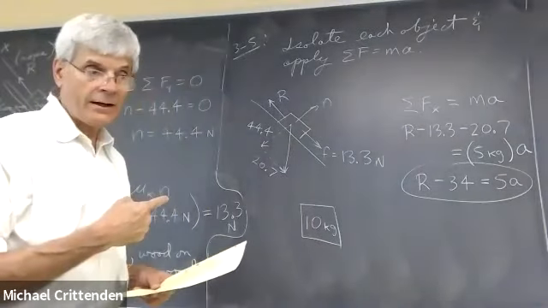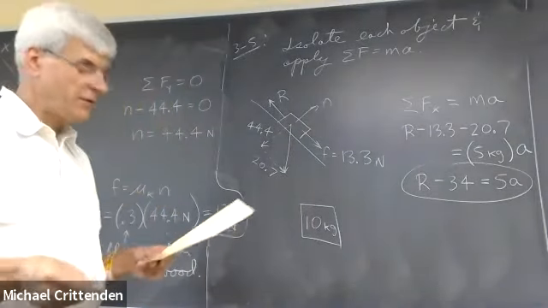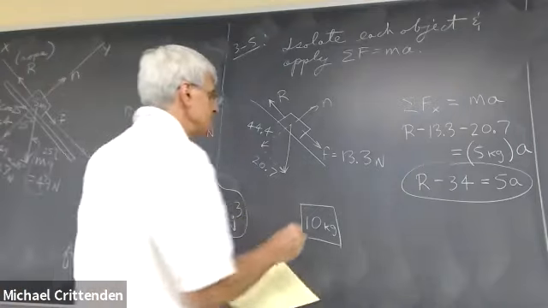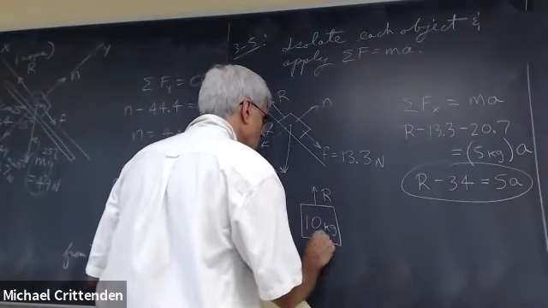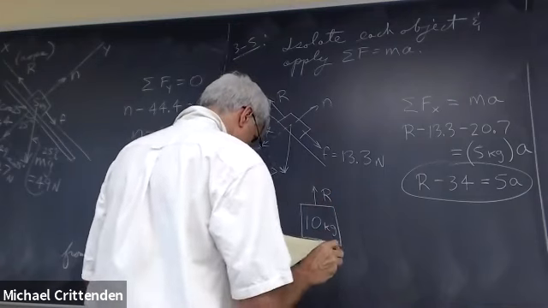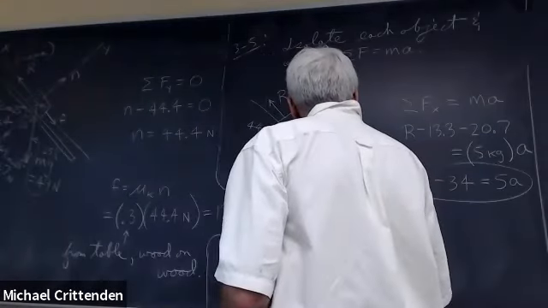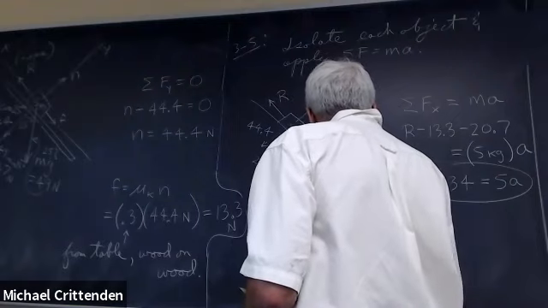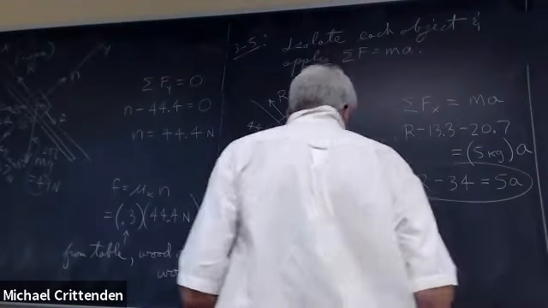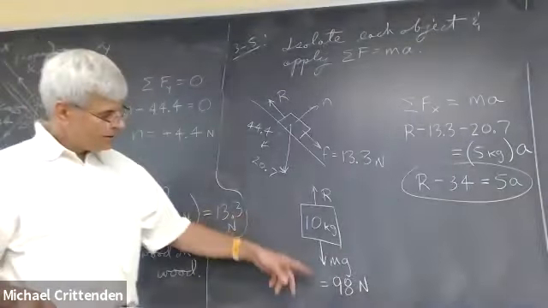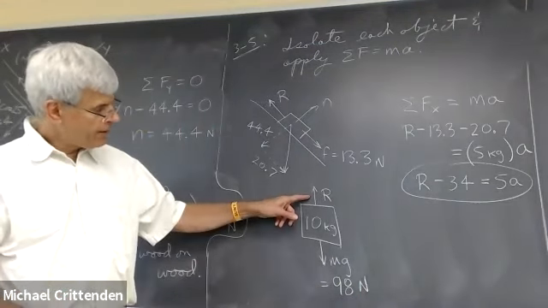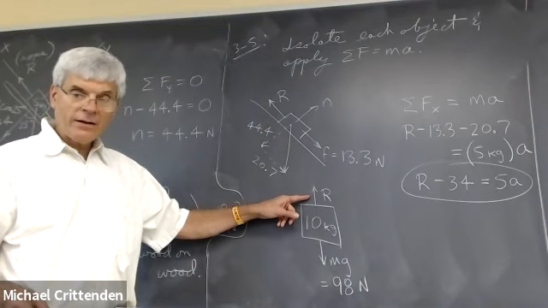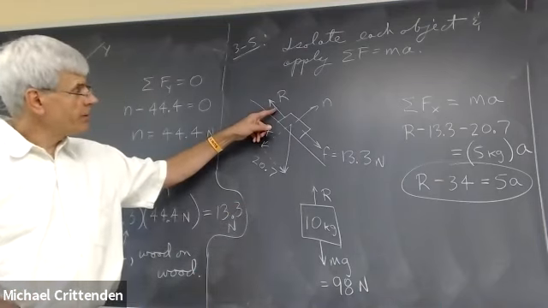There's the 10 kilograms over on the left-hand side of the picture. 10 kilograms would weigh 98 newtons. As for the upward force, it's the other end of the same rope that I had here.